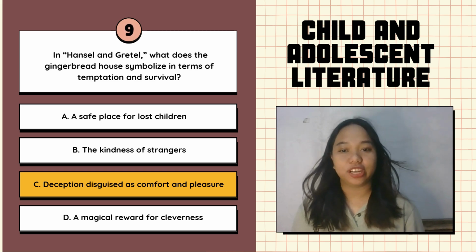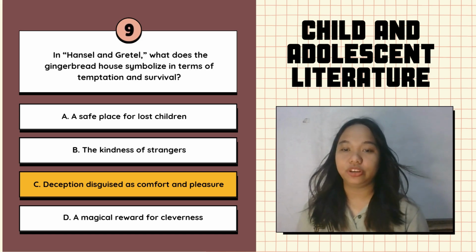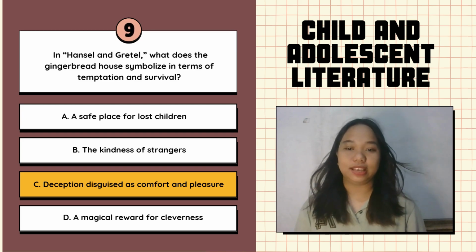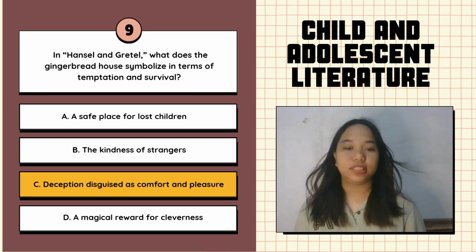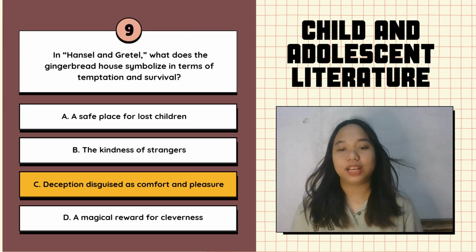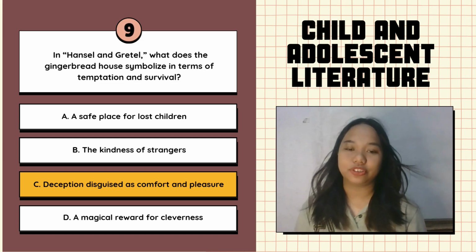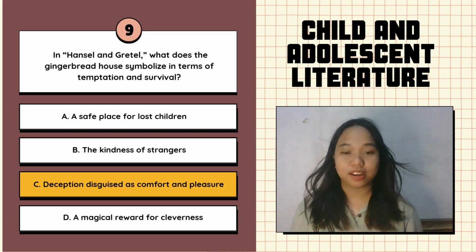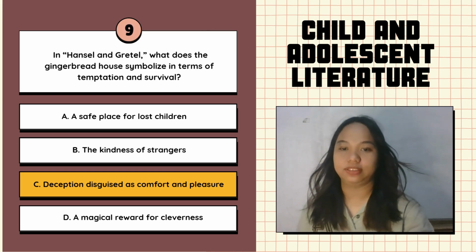However, it is actually a trap created by the witch to lure, capture, and harm them. This symbolizes the idea that not everything sweet is safe, a valuable lesson about being cautious of things that seem too good to be true. It also warns of strangers who may appear kind but have dangerous intentions.